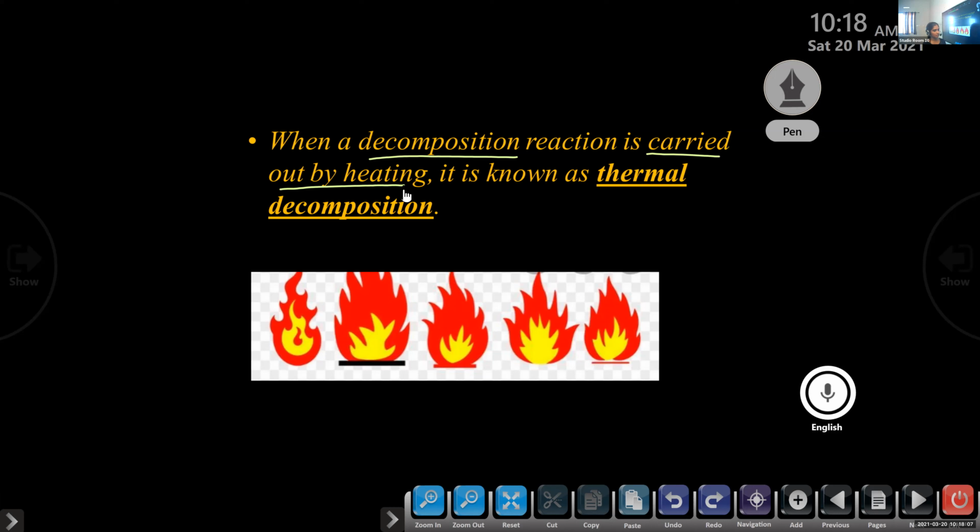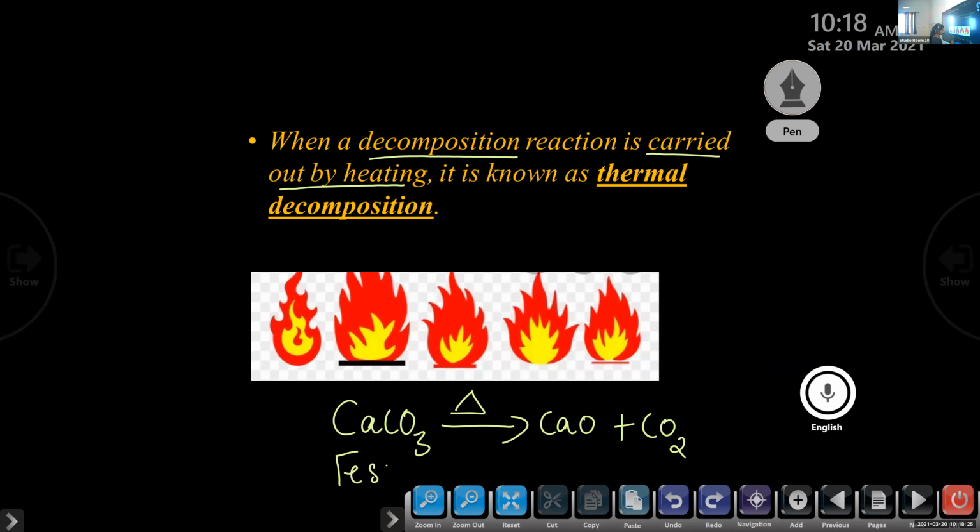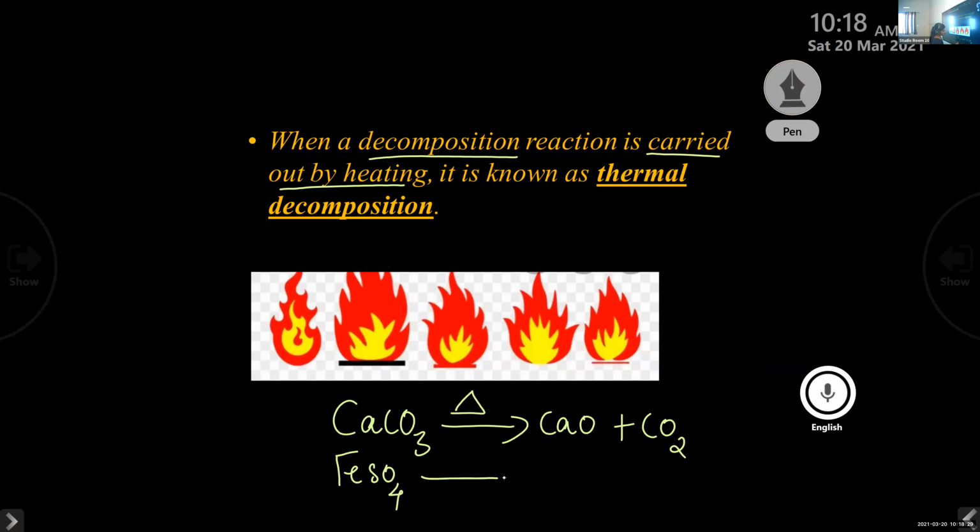So examples for thermal decomposition: calcium carbonate decomposes to form CaO plus CO2. This is an example for thermal decomposition, and another one, anhydrous FeSO4 on decomposition gives Fe2O3 plus SO2 plus SO3.